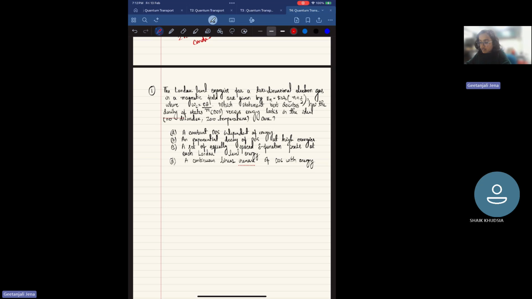Which statement best describes how the density of states versus energy looks in the ideal case, which is no disorder, strong magnetic field, zero temperature?